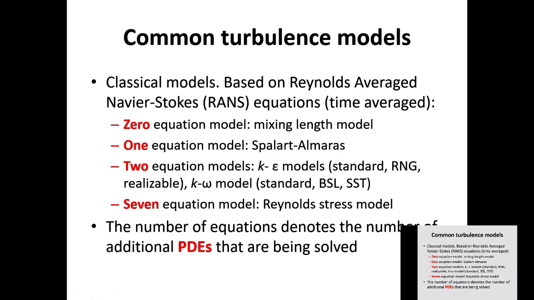And in the Reynolds average Navier-Stokes method, you have a few models. There is a zero equation mixing length model, there is a one equation model, and there are two equation models. Those are the ones that we used in our calculations. So the K epsilon model, standard, RNG or realizable, and the K omega model are two equation models.